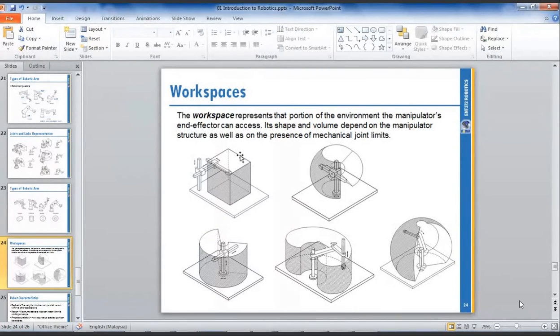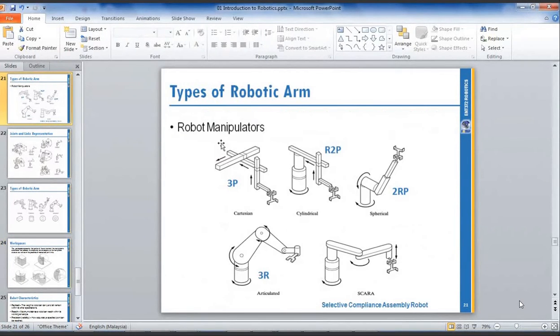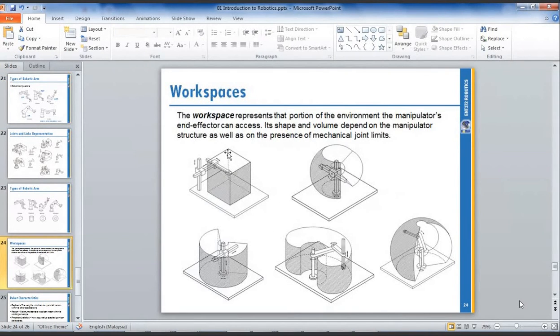So this is the working envelope or workspace of the robot. If you use this 3P or Cartesian robot, which we call a Cartesian robot, that has 3 prismatic joints, your working envelope will be like this, a square shape.